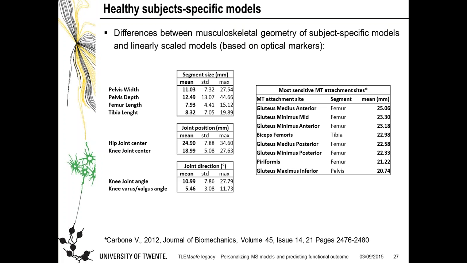Also, large differences between the subject-specific model and the linearly scaled model were found for muscle moment arms and muscle tendon attachment sites. In particular, differences larger than 20 millimeters were found for the muscle tendon attachment sites that are known to be the most sensitive, based on our previous sensitivity analysis.